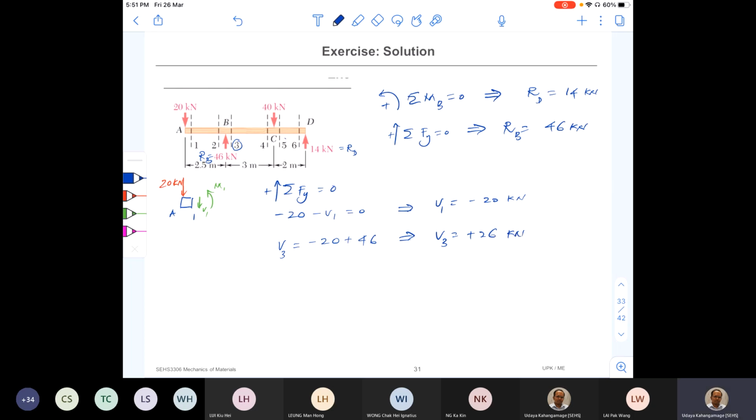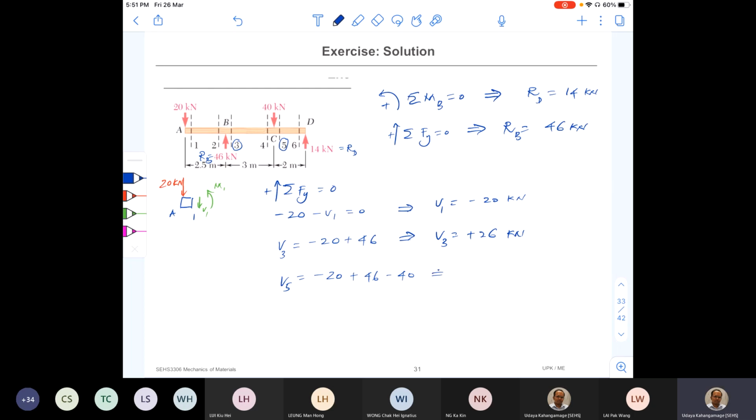And how about point 5? Because shear force from B to C is constant, 26. V5, can you write it directly now? There are three forces now, 20, 46, 40. Therefore, V5 is negative 20, positive 46, and negative 40.